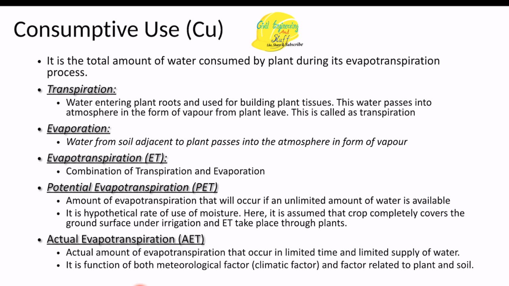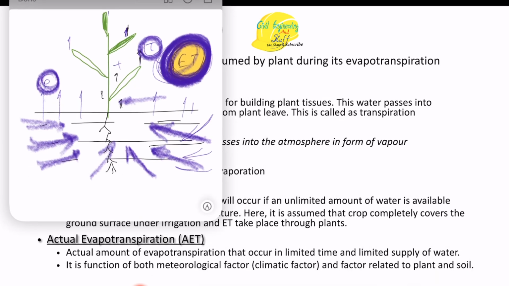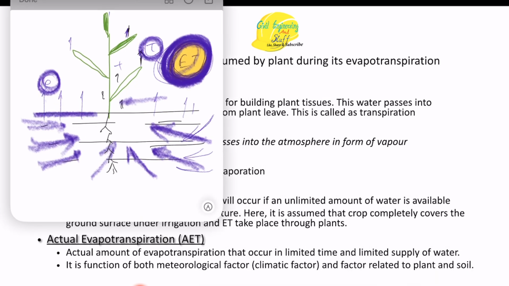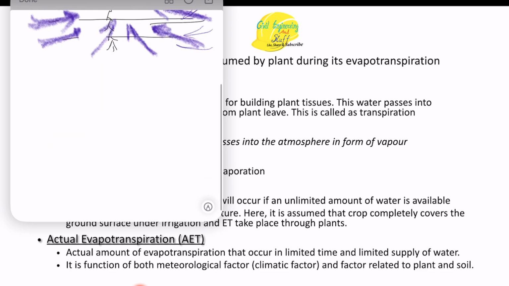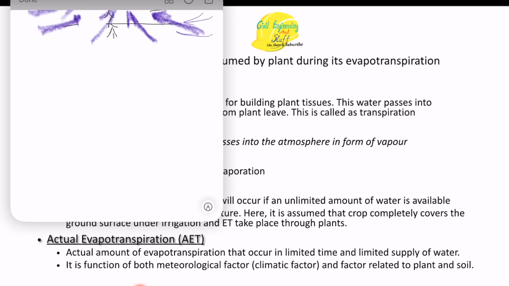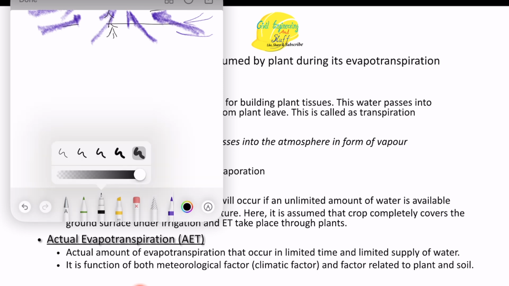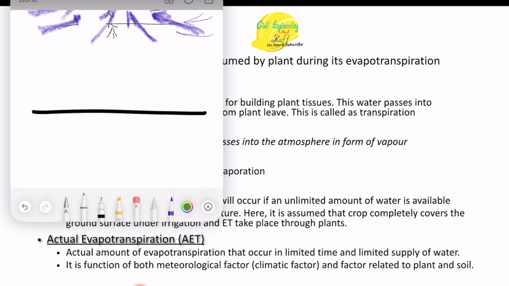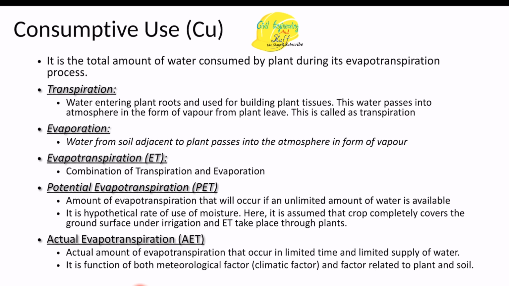All right, a totally idealistic condition is assumed, where not much bare soil is available throughout the land surface, and we have sown the crop throughout the land surface. And from there, whatever consumptive use we get is what we call the potential evapotranspiration.